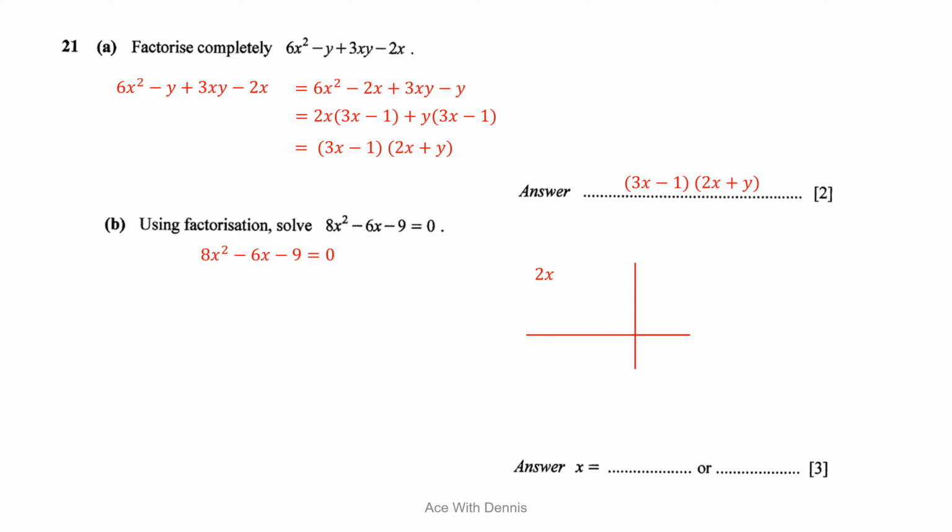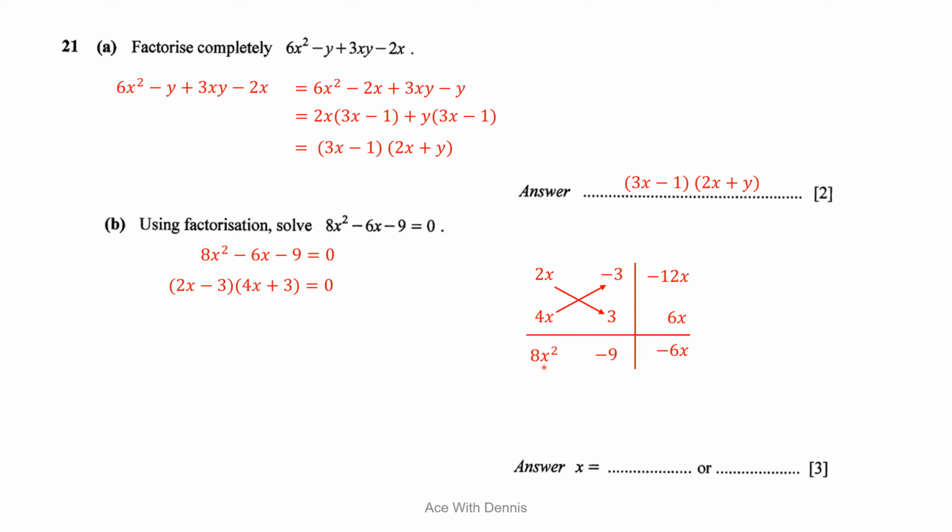We can use this method. 2x times 4x will give us 8x squared. Minus 3 times 3 will give us negative 9. Then we cross multiply. 4x times negative 3 gives negative 12x. 2x times 3 gives 6x. Then we add these two together, we get negative 6x, which is the same as the middle term.